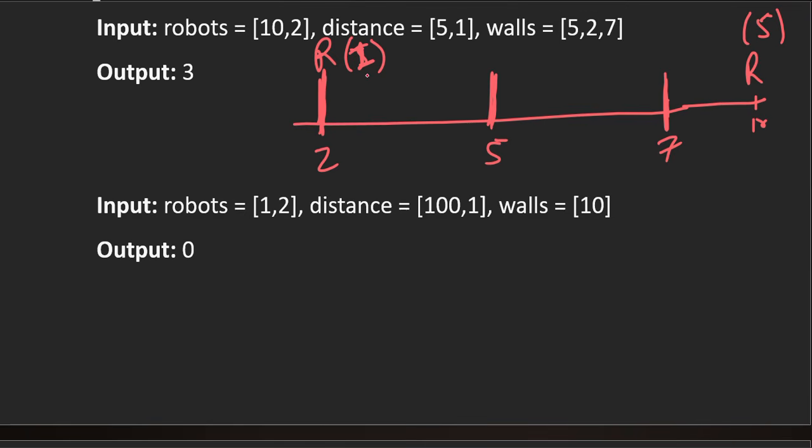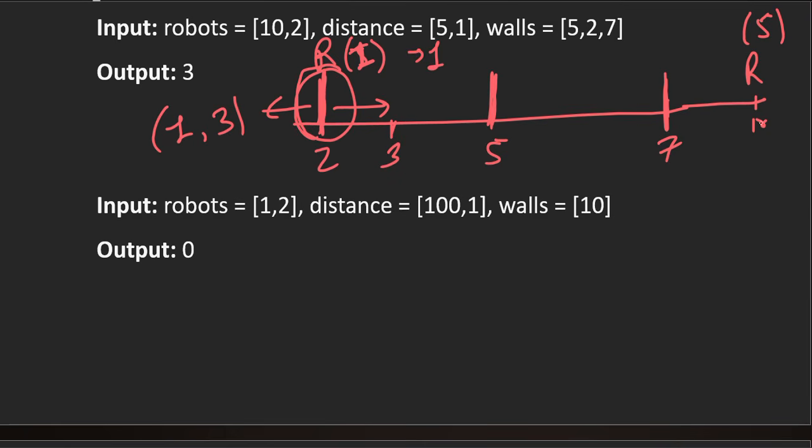Let's see the first robot. It is at 2 and its range is 1, so it can kill from 1 to 3. On its left there is no wall. On its right it can kill up to 3, so here also no wall, so it can kill only this wall. Robot 1 will kill only one wall.